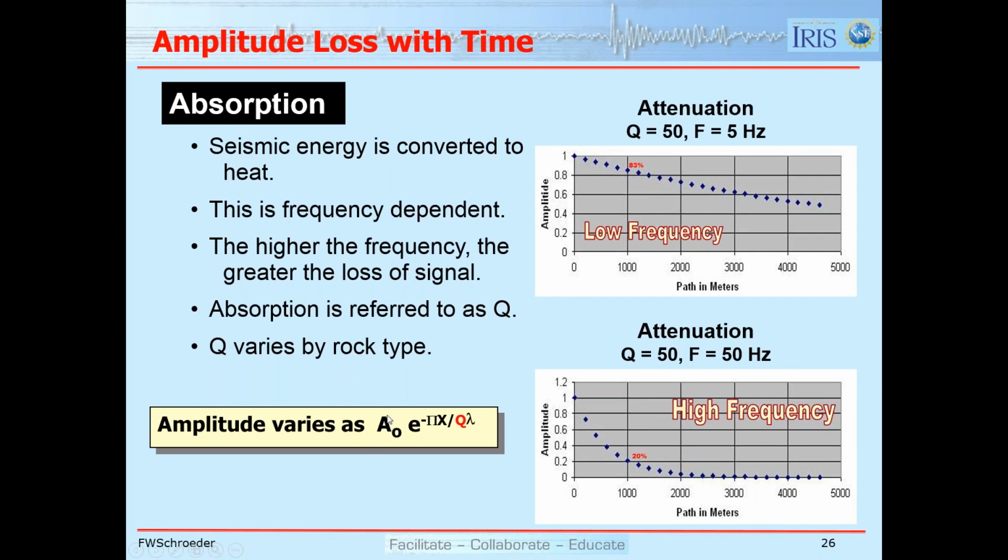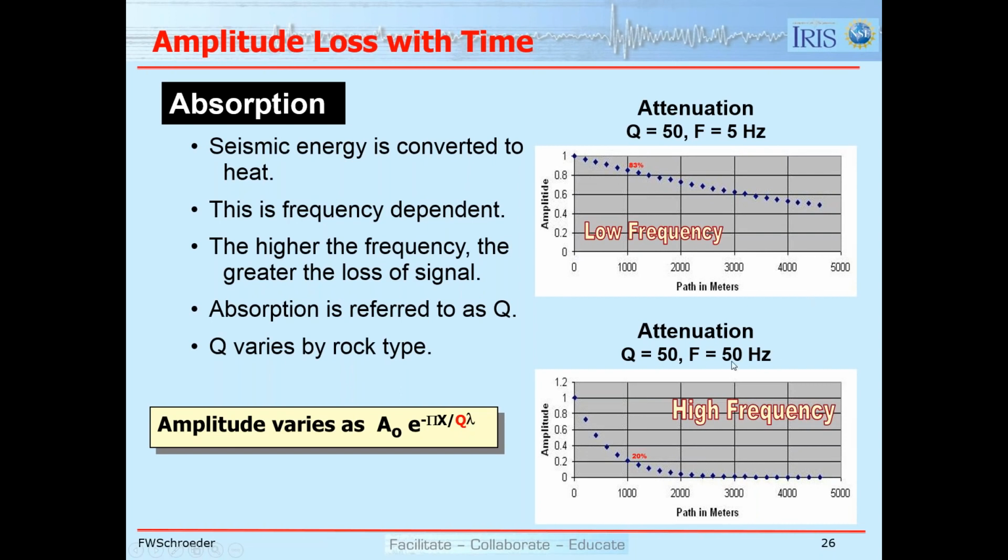And so amplitude A0 would be the initial amplitude, and then we have an exponent, and here's the Q term. As an example of that, if we're at a low frequency, say 5 hertz, this shows how the amplitudes are attenuated as the path length increases.